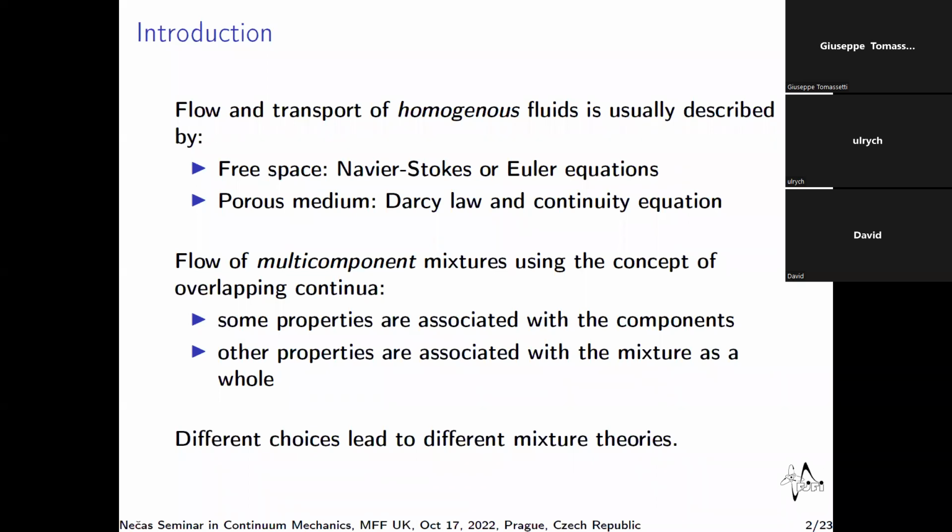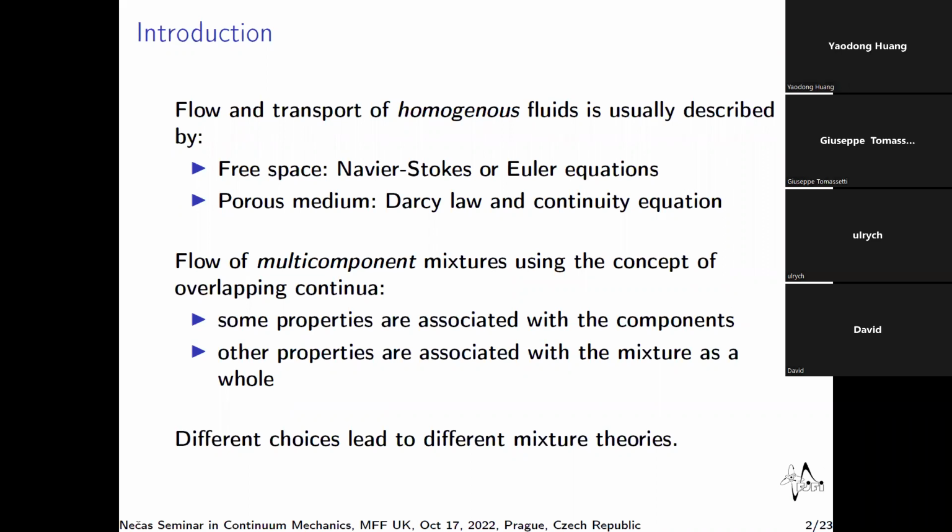What is interesting to see is that there are different models, but depending on the model, some properties are associated with individual components, like for example the densities or velocities. And some other properties are associated with the mixture as a whole.